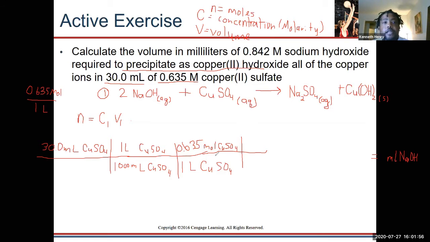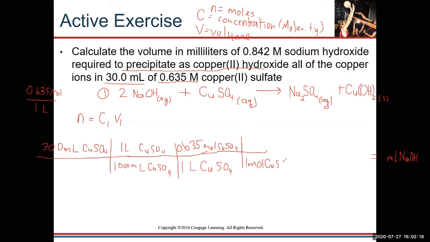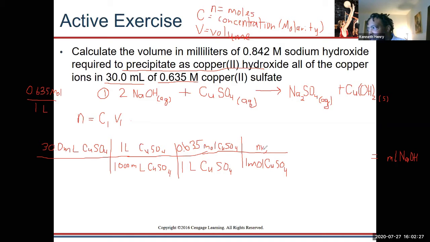If I have 1 mole of CuSO4, how many moles of Cu2+ do I have? 1.